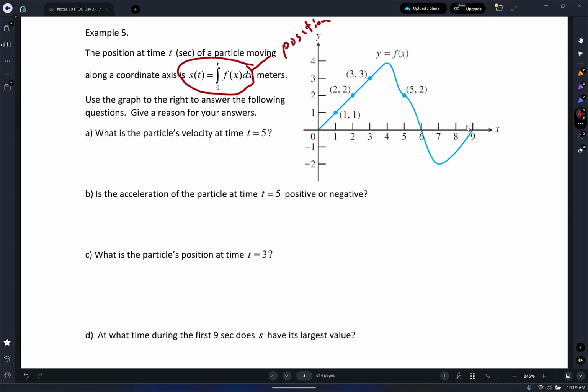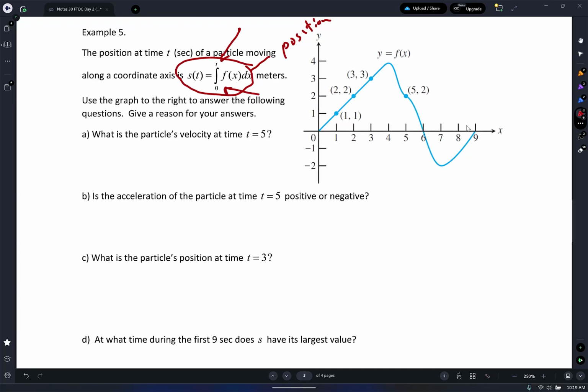What is the particle's velocity at t equals 5? Okay, how do I get velocity from position? Derivative. Do I have a variable of t on the upper limit? Yeah. Do I have a constant in the lower limit? Yeah, so I'm going to connect them together. So I'm going to write v of t is equal to s prime of t, which is nothing more than f of t. So what you're looking at is velocity.